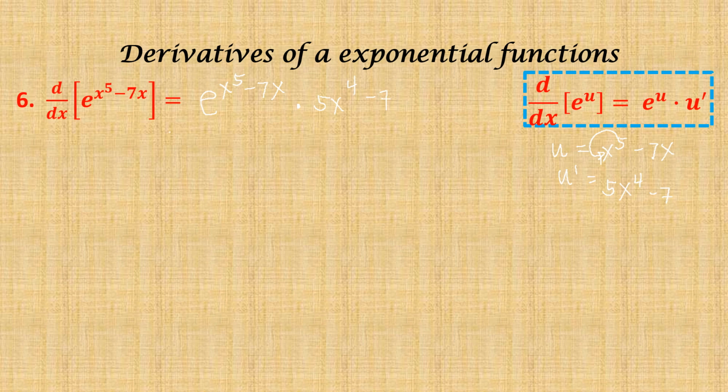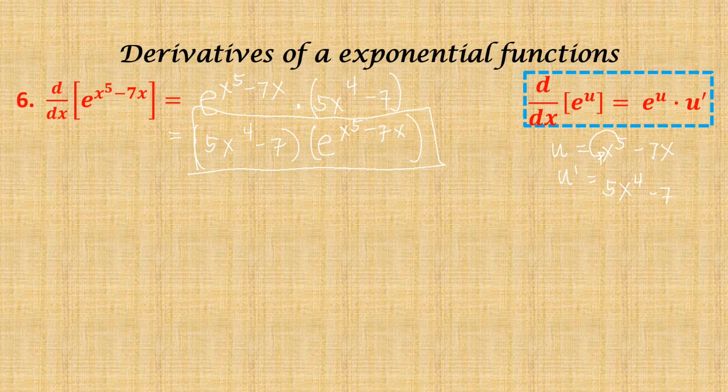To finalize our answer, this is already composed of two terms. Thus, we can write this ahead of the exponential function, 5x to the 4 minus 7 times e to the power of x to the fifth minus 7x. So we could consider this as our final answer.